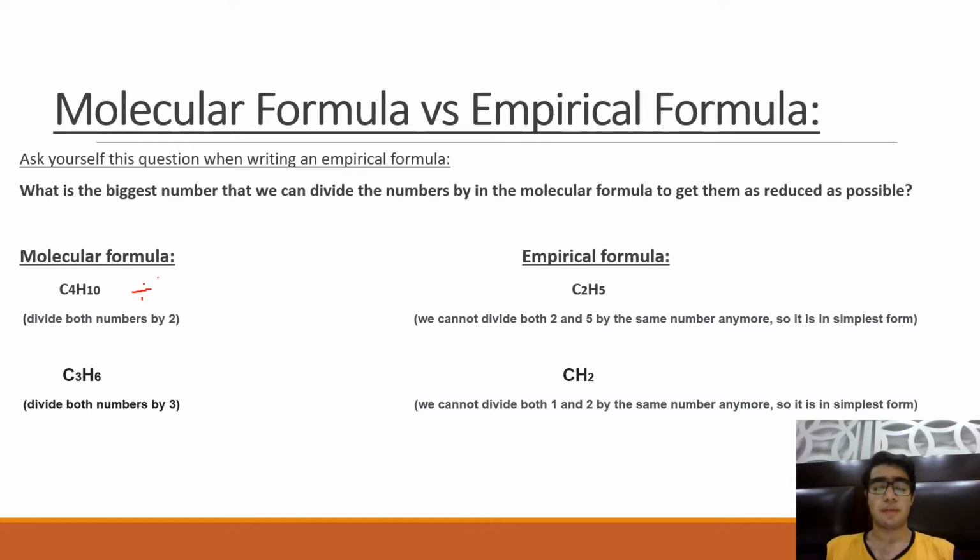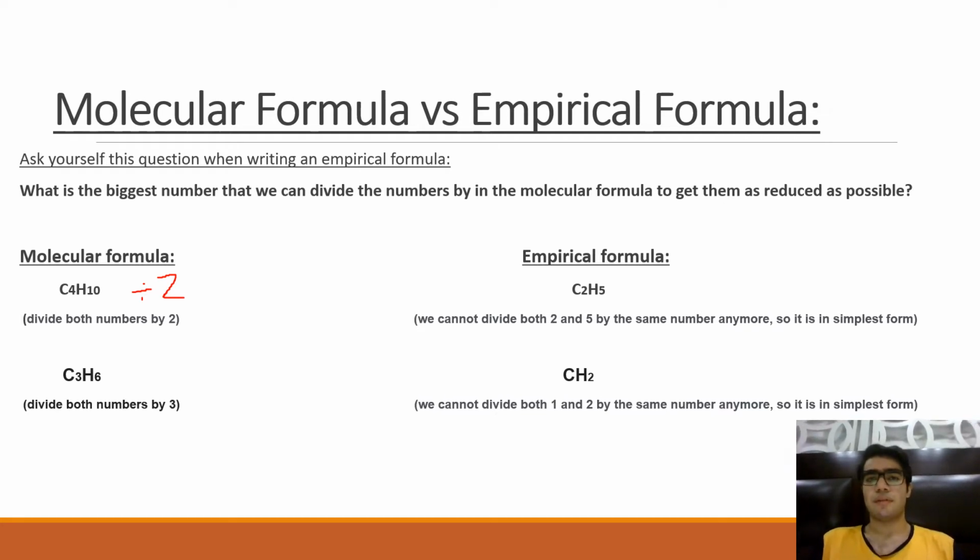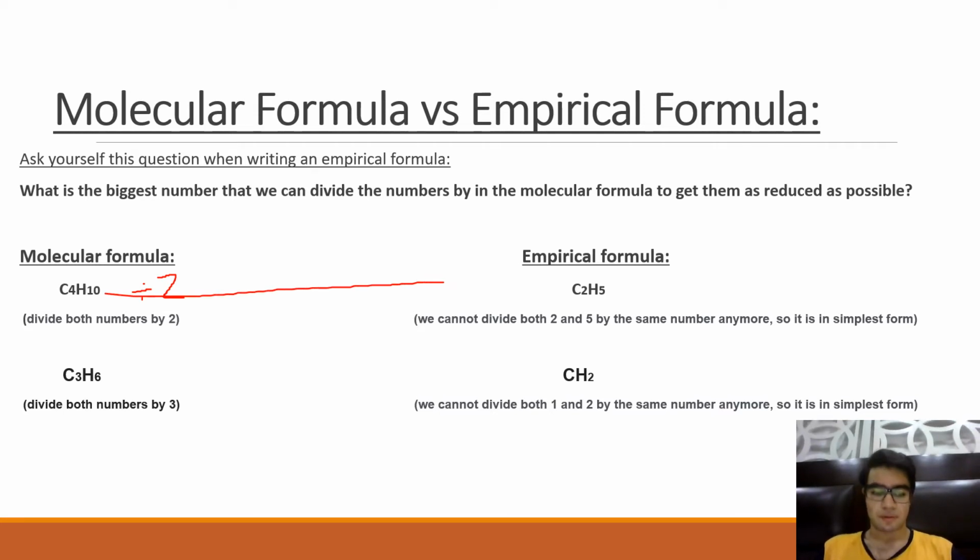Why do you divide them by 2? Because 2 is the highest number that these two numbers are divisible by. So you divide 4 by 2 and you divide 10 by 2. 4 divided by 2 is 2, 10 divided by 2 is 5. So the empirical formula would be C2H5, because you divided 4 by 2, which is 2, so C2, then you divided 10 by 2, which is 5, so H5.